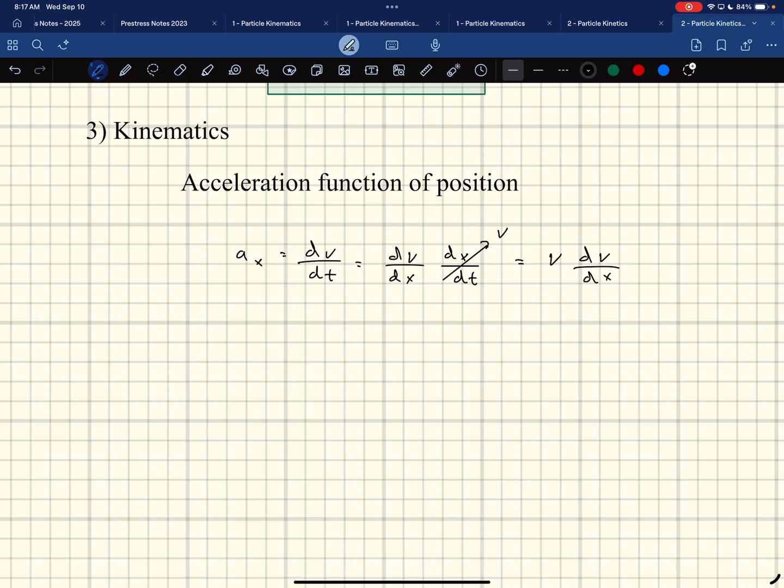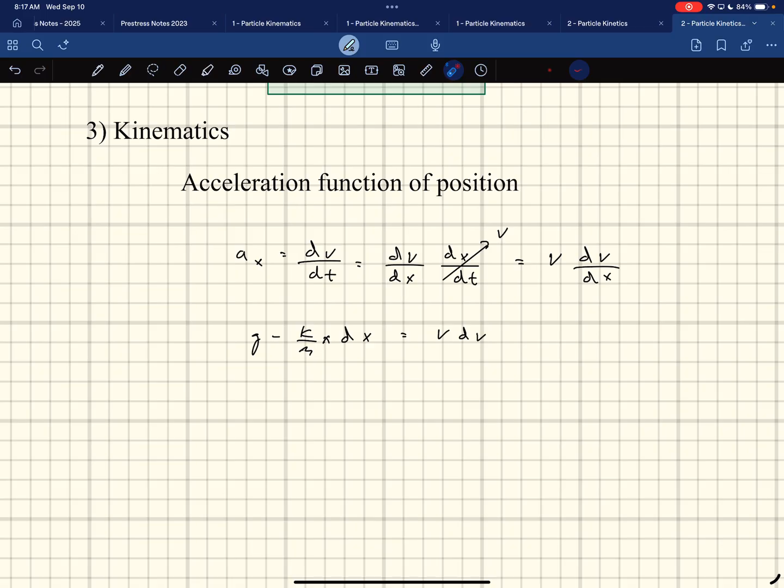Right? Is a of x here? We have a value for that. That's just going to be g minus k over m times x dx is equal to v dv. So I just took this dx and I put it over on that side, and I left the v dv part on the right-hand side.